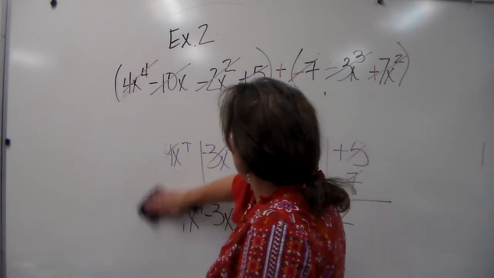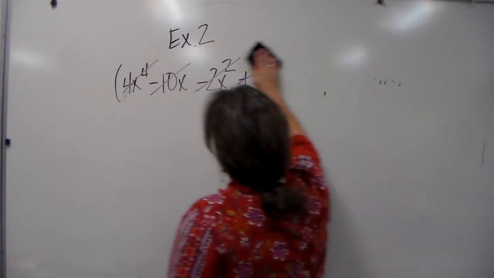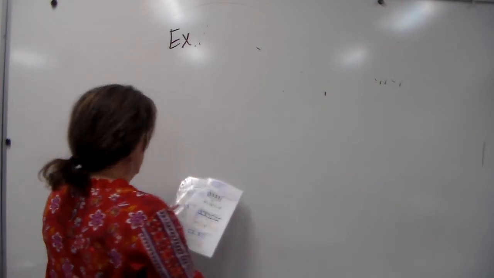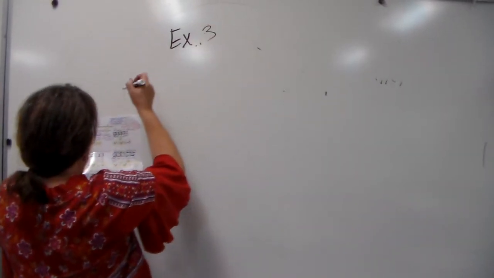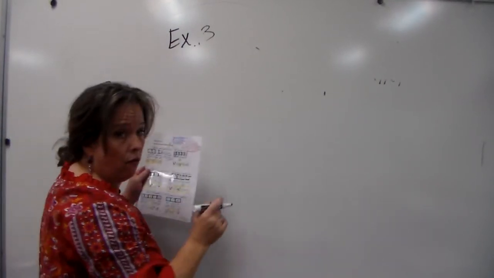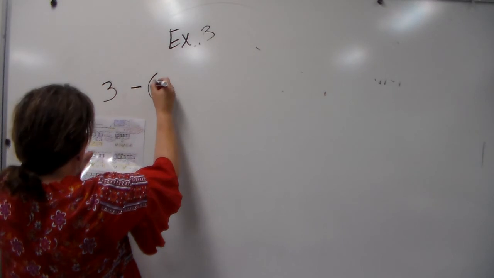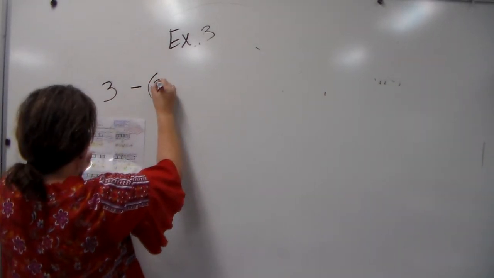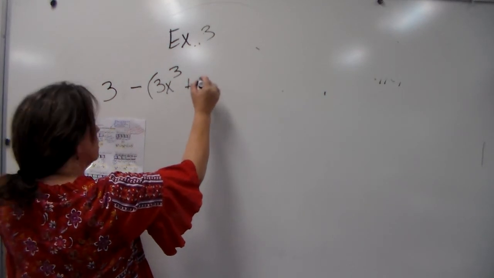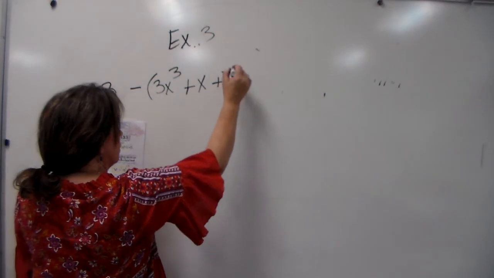All right, let's go ahead and do example number 3 now. For example number 3, we have 3 all by itself out front, minus, and then our polynomial in our first set of parentheses is 3x cubed plus x plus 7.